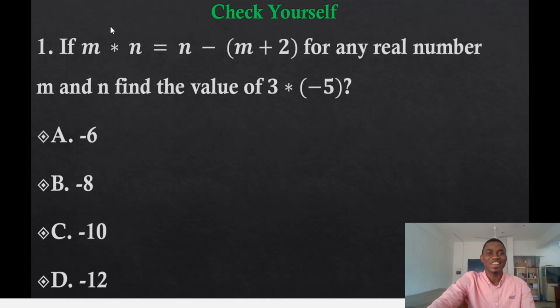I want you to solve about 3 questions to know whether you actually understood what you have been taught. So you are going to check yourself, check your understanding of this lesson. Five examples have been solved, so I'm going to give you three questions to solve. And they are all simple.